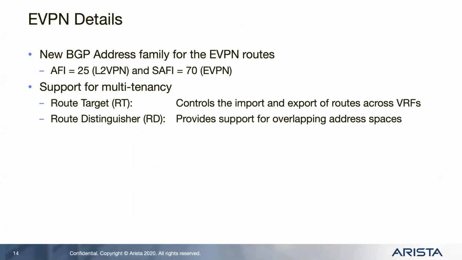The EVPN standard makes use of well-known constructs such as the route target, which allows the import and export of routes across VPNs, whether it's L2 VPN or L3 VPN, as well as the route distinguisher, the RD, for identifying clearly the origin of the route advertisement, to prevent overlapping, and to provide overlapping address spaces if needed.